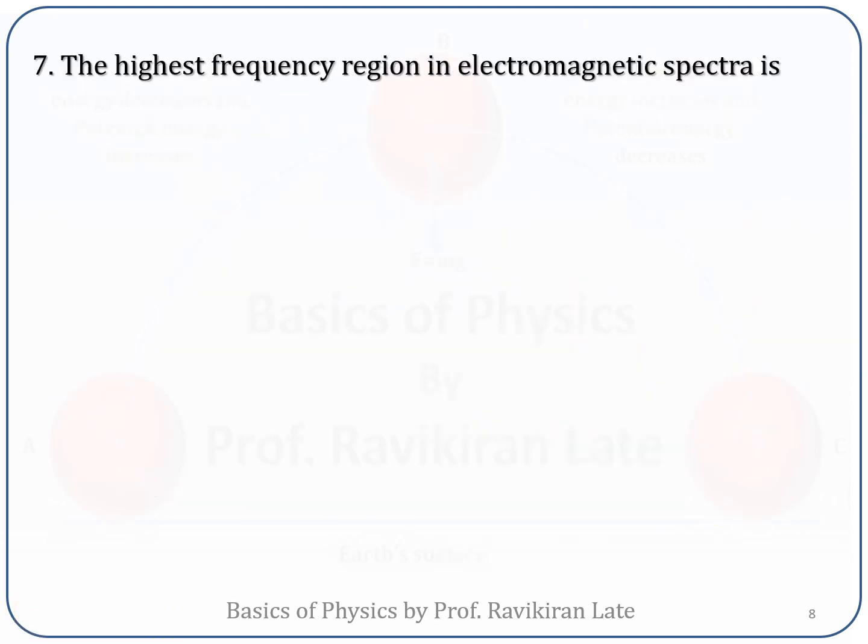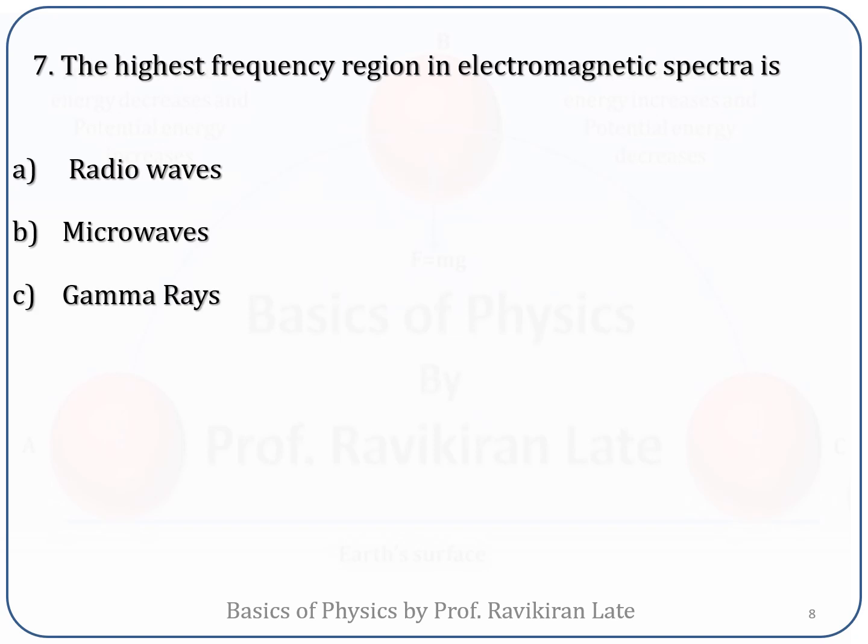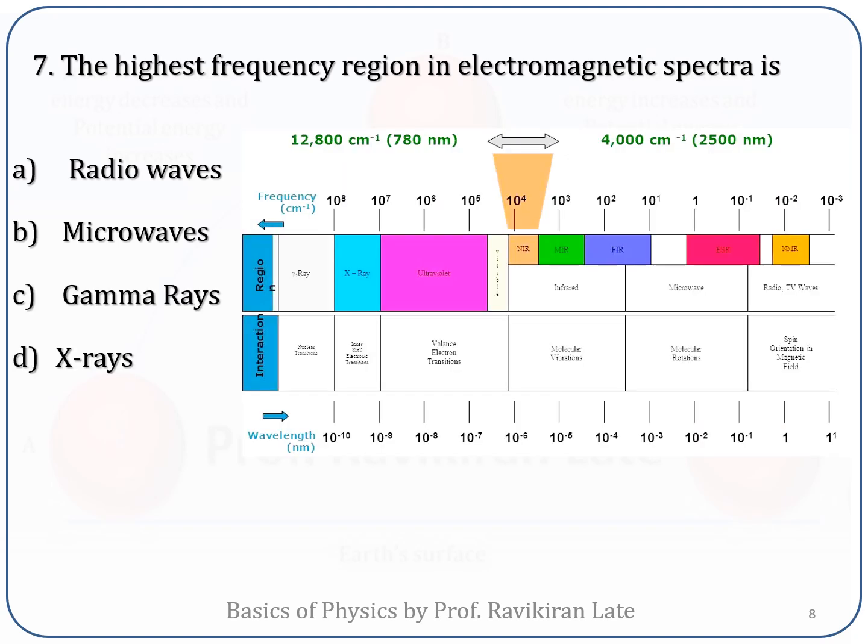Next, the seventh question: the highest frequency region in the electromagnetic spectrum is option A, radio waves, option B, microwaves, option C, gamma rays, option D, X-rays. Now we had seen in the electromagnetic spectrum that as you move from radio waves to the gamma rays, the energy increases in this fashion.